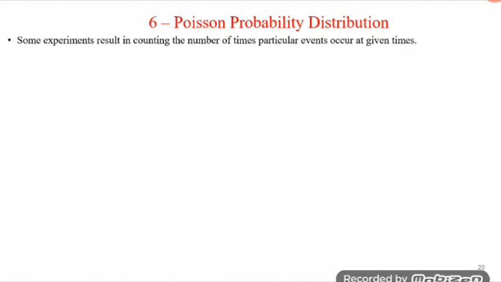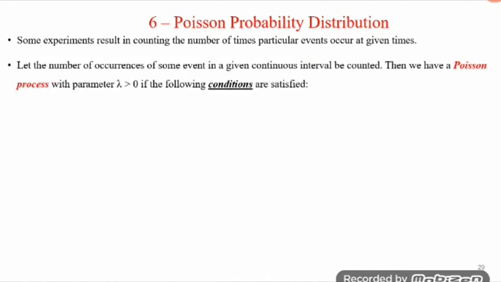Here we are assuming that we have a certain interval of time, and we are interested in counting the number of occurrences of an event over this time. Here we'll define a random variable, which is the number of occurrences of some event in a given continuous interval to be counted. So this will be our random variable.